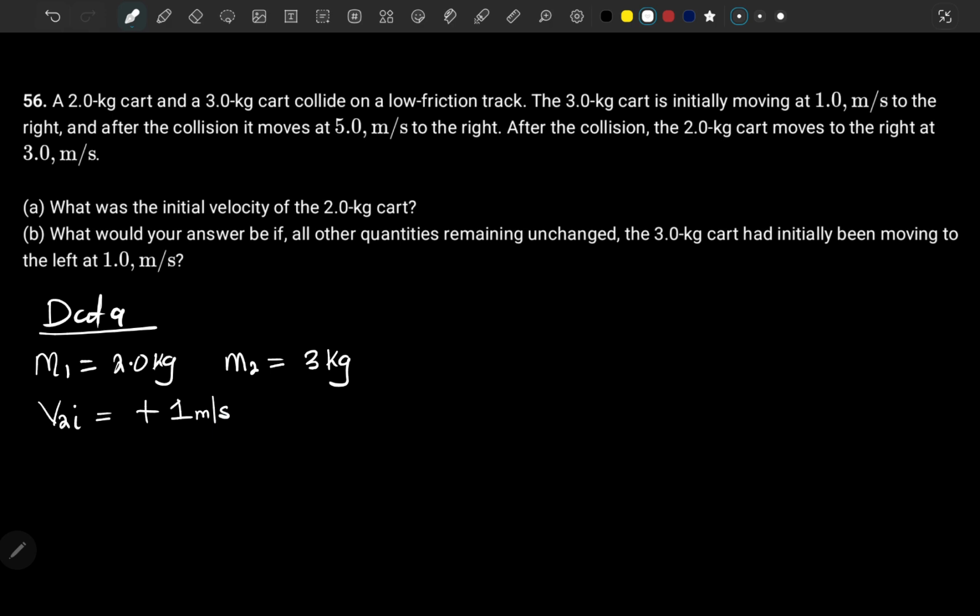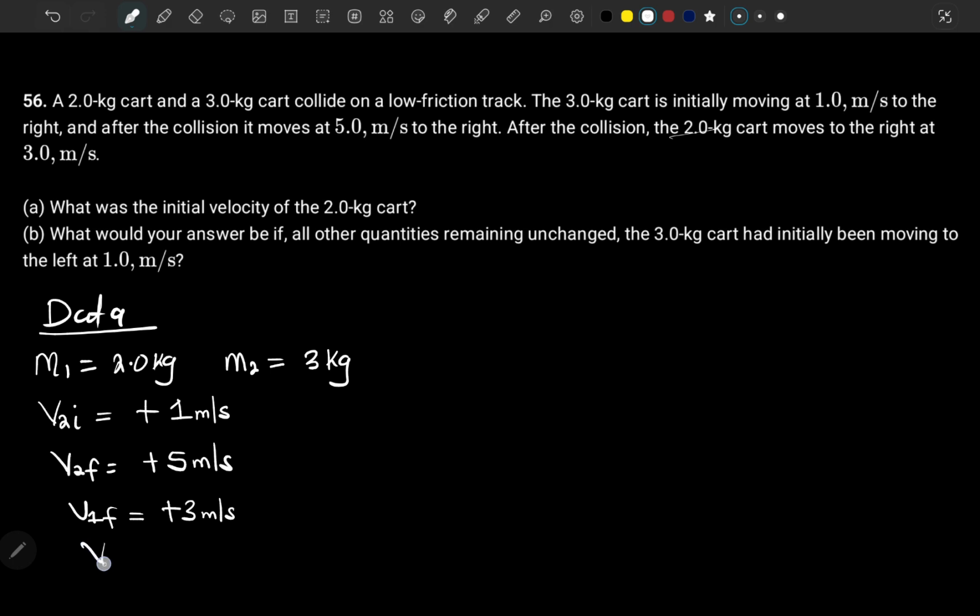Remember, the 3 kg is at 1 to the right, and after collision it moves 5 meters, meaning V2 final is positive 5 meters per second. Next, we have V1 final, because we don't have V1 initial. V1 final is moving at 3 meters to the right as well. We can take the right side as the positive.